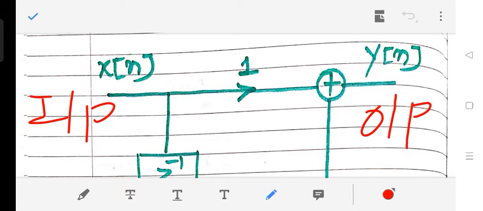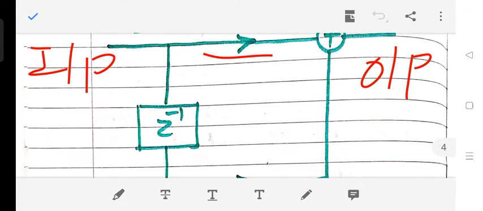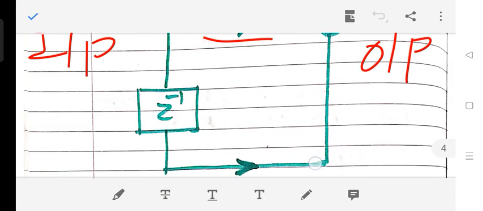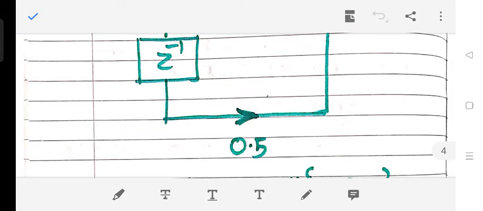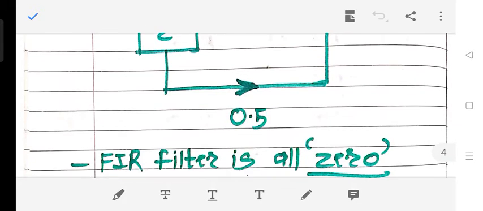So our equation is 1 plus 0.5 z inverse. So 1 is here and we need z inverse. So z inverse is written here and we are multiplying by 0.5. Okay, and we have the output here.